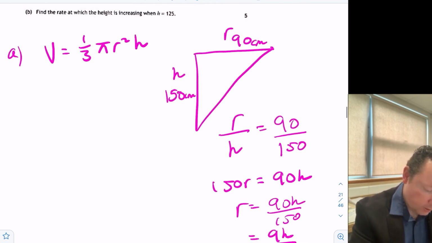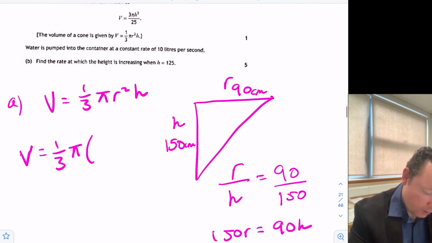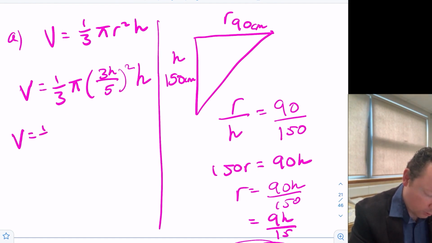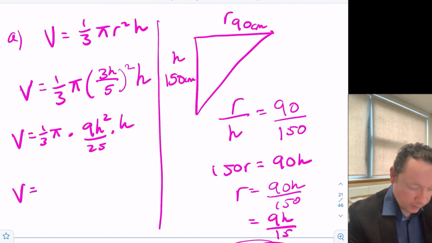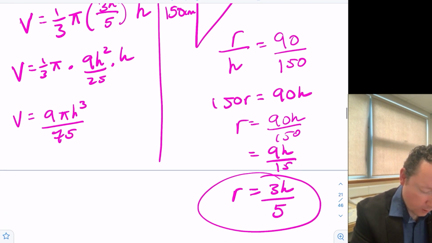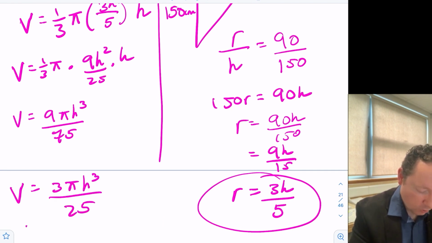So subbing that in, V must be 1/3 pi times 3h over 5 squared times the height. Let's just keep that separate. So V equals 1/3 pi times 3 3s are 9, so 9h squared times h still over 25. Tidying that up, V equals 9 pi h cubed over 3 25s is 75, dividing through by 3, V equals 3 pi h cubed over 25 as required.